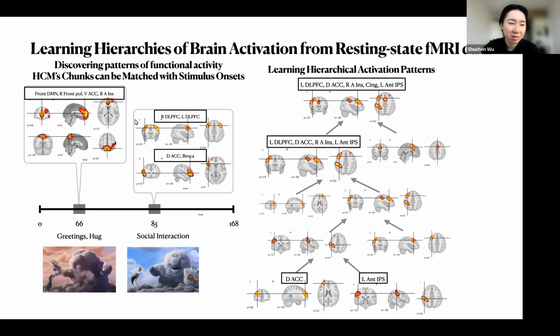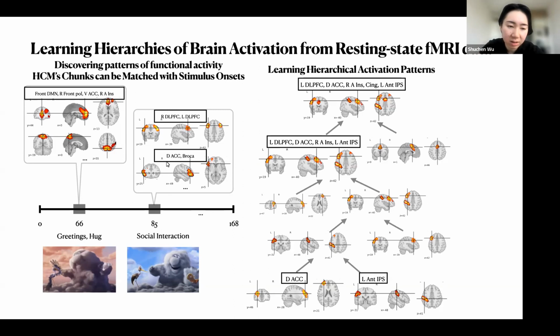What I want to say here is, for example, the left and right dorsolateral prefrontal cortex, later we looked it up and it corresponds to theory of mind circuits, correlated with when subjects are inferring or looking at a social interaction scene.